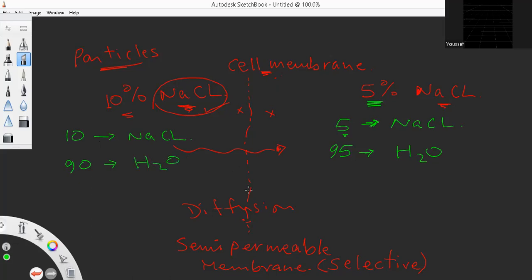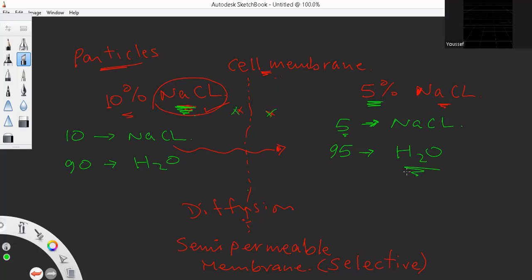So if this membrane cannot pass sodium chloride particles, it will pass water instead.